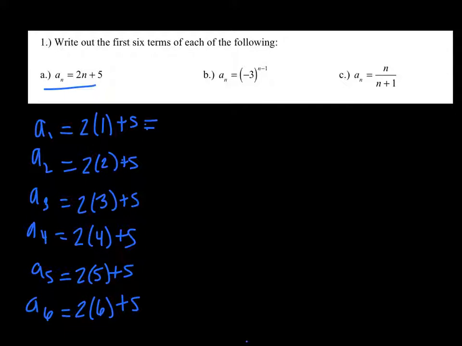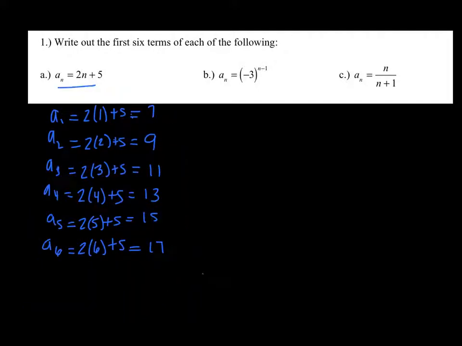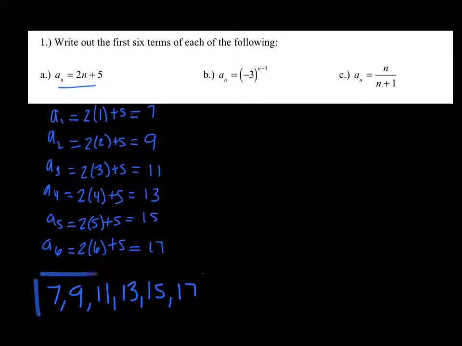So for our first 6 terms, you just have to solve for each one. 2 times 1 plus 5 gives us 7, 4 plus 5 gives us 9, 6 plus 5 gives us 11, 8 plus 5 gives us 13, 10 plus 5 is 15, 12 plus 5 is 17. So your first 6 terms would be 7, 9, 11, 13, 15, and 17. And that's all there is to it.